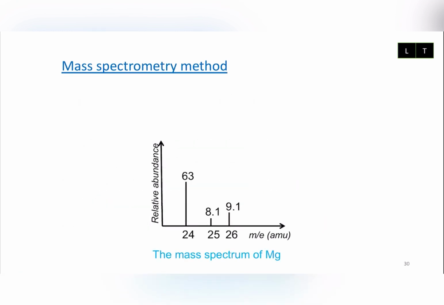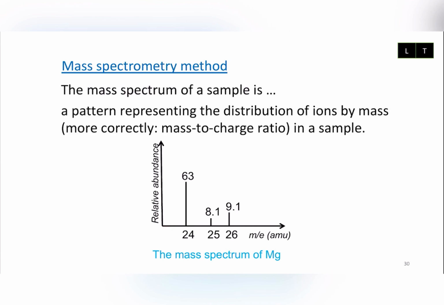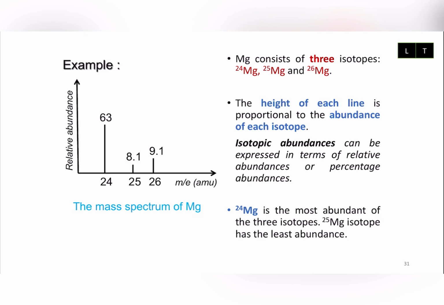Here you have the mass spectrum of magnesium. This is the graph that has been generated from the process of mass spectrometry. This mass spectrum is a pattern that represents the distribution of ions by mass, or correctly, by mass-to-charge ratio, in a sample. Let's continue describing this spectrum in terms of isotopes. We know that magnesium consists of three isotopes: magnesium-24, magnesium-25, and magnesium-26.